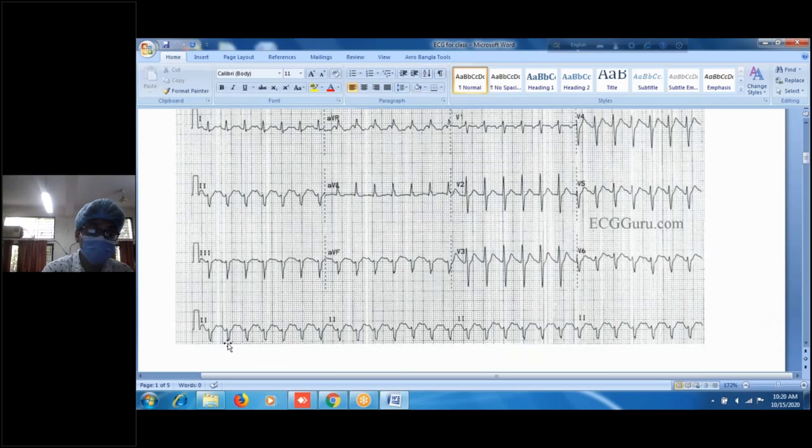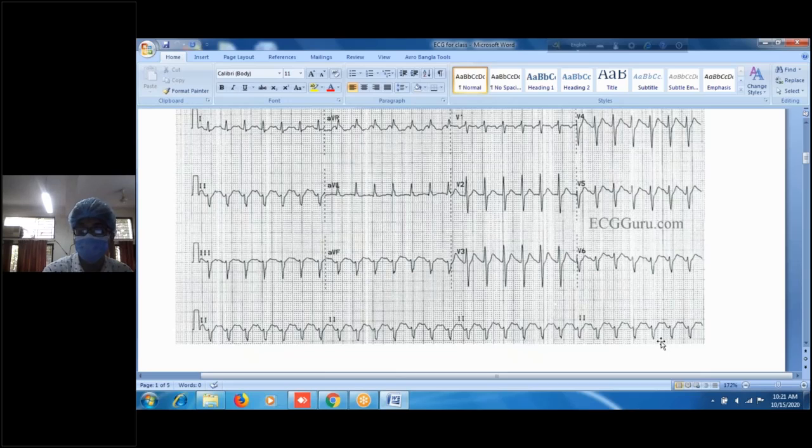Again, look at the rate of the ECG, very high. Isn't it? One large square between these two R waves, so it's almost near about 300.